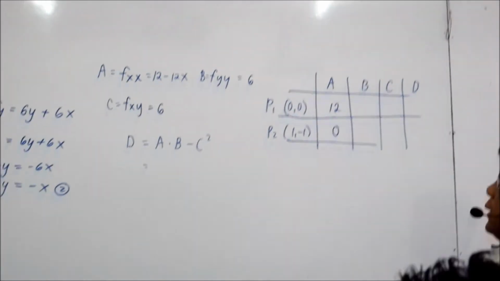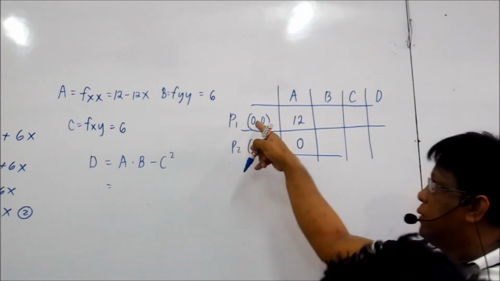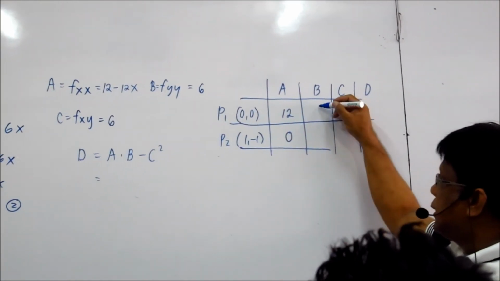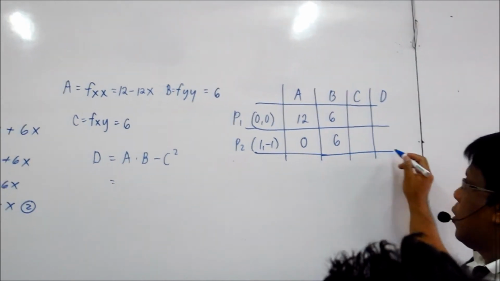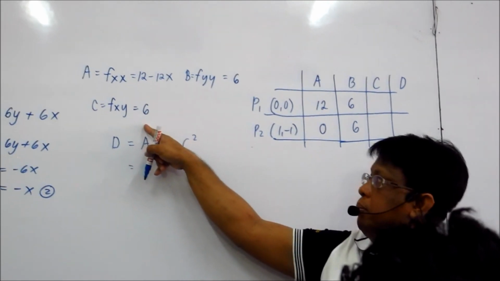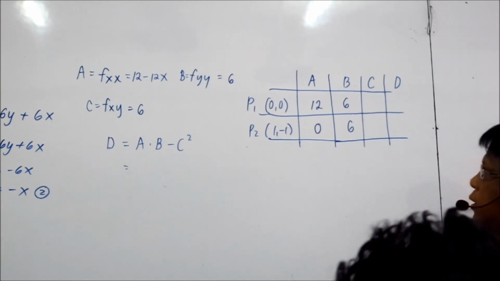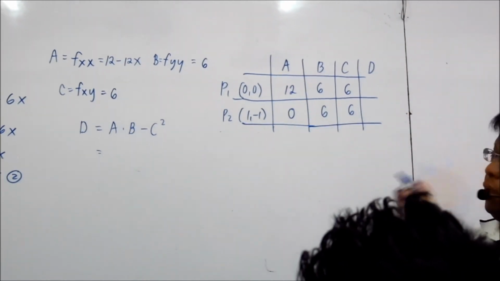B is simply 6. We don't have variables, so we don't substitute any values of x and y from the given points in B. So you just write 6 and 6. What about C? Again, we don't have variables present in fxy or C, so C takes the value 6 and 6.